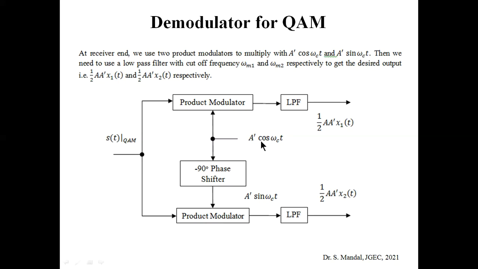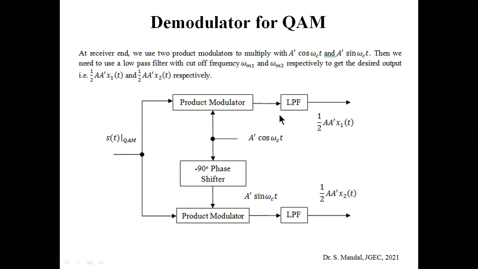You can see that initially A' cos omega_c t is generated locally in the receiver section, and it is multiplied with the QAM signal by using a product modulator. After using a 90-degree phase shifter, the resultant signal, A' sin omega_c t, is input to the second product modulator.